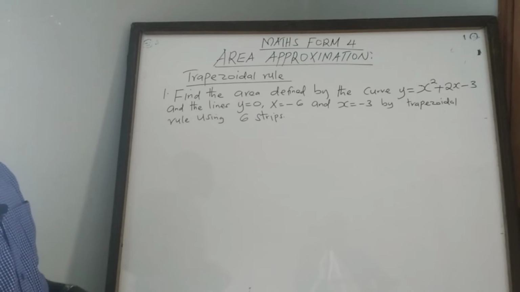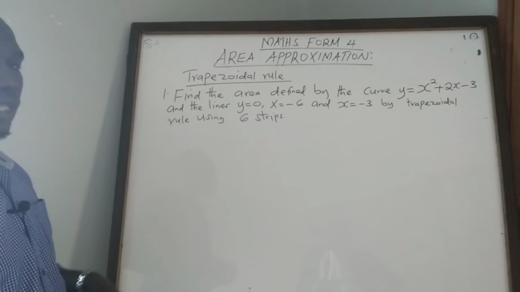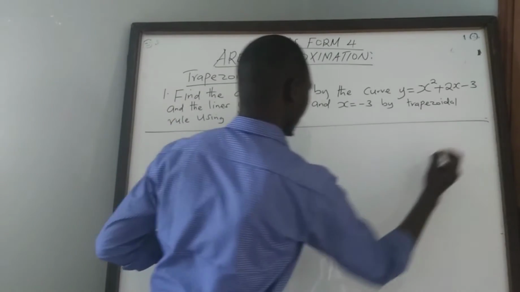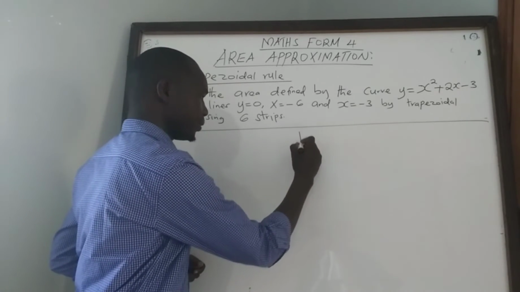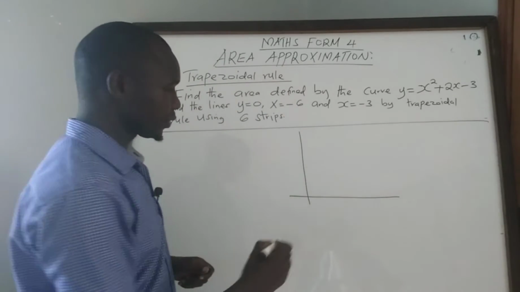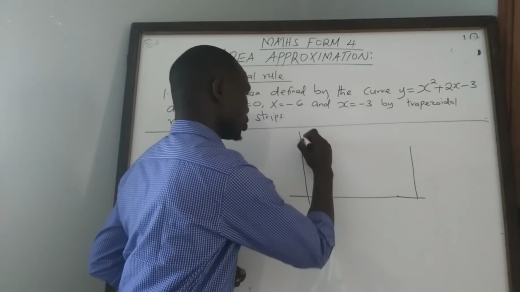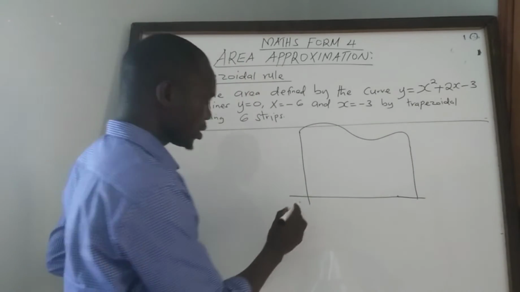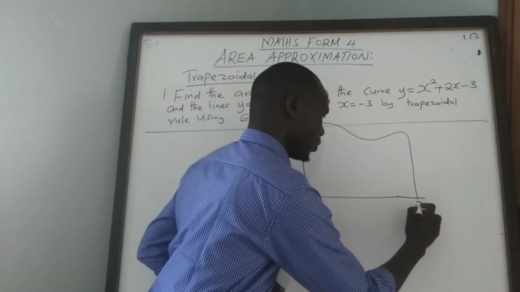And before we look at the question, I want us to derive the formula that we normally use under the trapezium rule, and this is what you are required to do. Assuming you have been given a certain region on a Cartesian plane, a region that looks like this, and maybe the region is between x is 0 and 3.